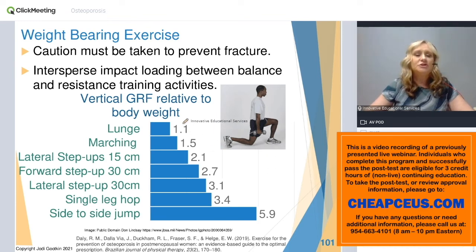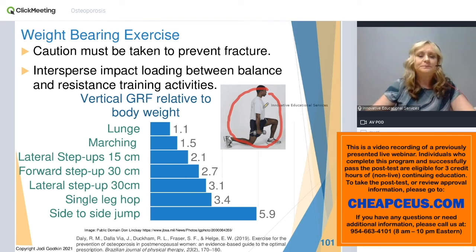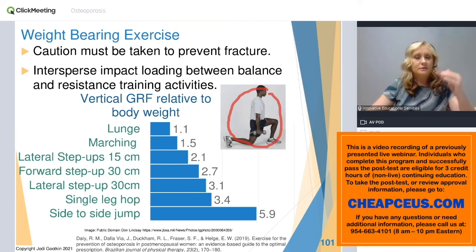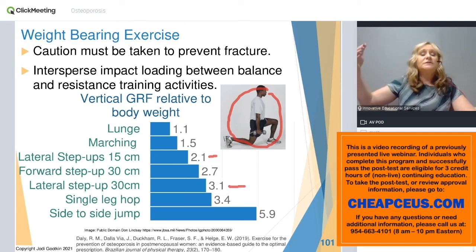If we look at this chart, a lunge is about 1 times the body weight. But if this individual is holding weights as they lunge, that increases it. And a lunge doesn't need to be this deep; we can have that be less. Lateral step-ups are 2.1 times the body weight, but just on a low step. Just increase that lateral step-up to a higher step and it's 3 times the body weight.